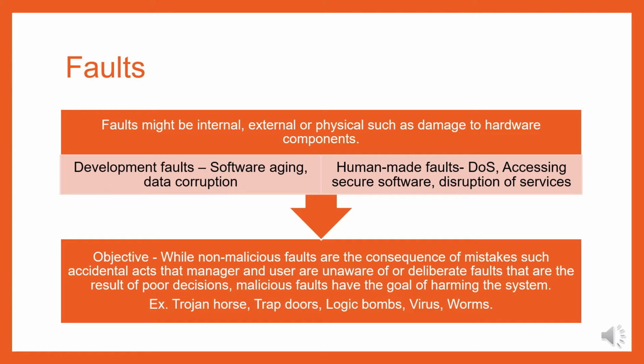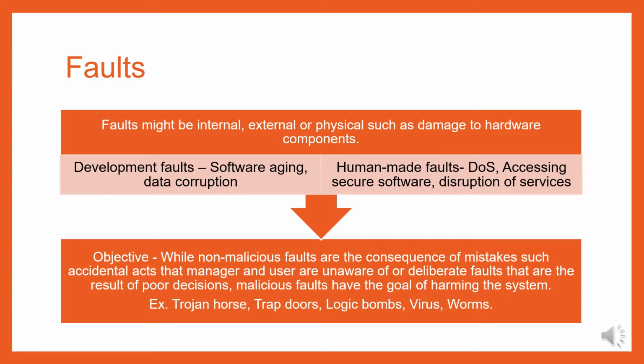The development faults include software aging, software space fragmentation, and data corruption. There are also some human-made faults like the DOS attack and accessing secure information, improper modification of software's lifecycle, disruption of any services, and many others.